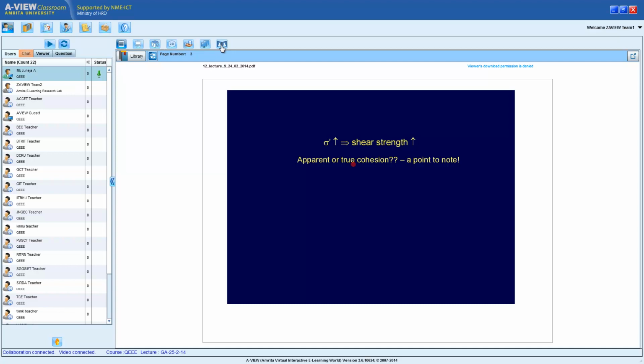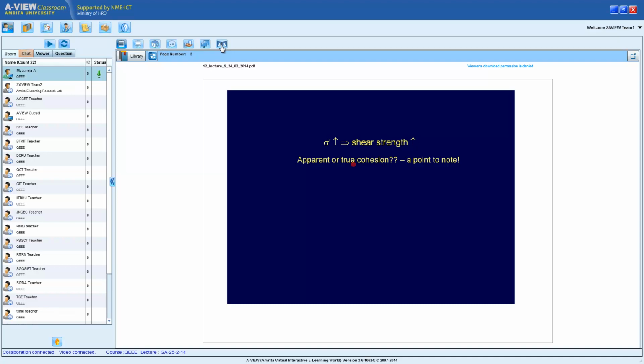In other words, you have a case called apparent cohesion coming up. Now, many researchers argue that the true cohesion of a soil is zero. The true cohesion is the cohesion you measure when the soil is either completely saturated or completely dry.